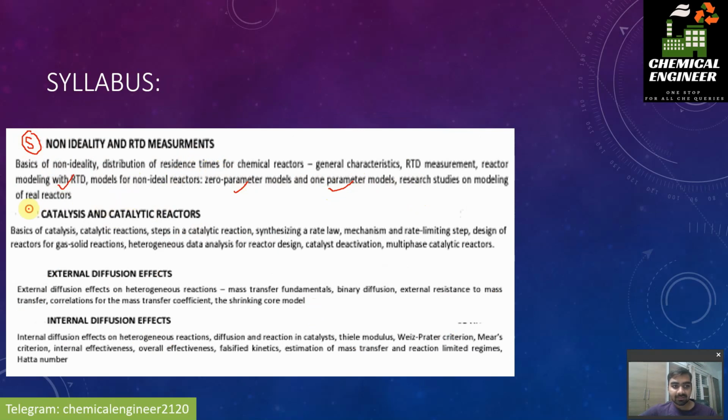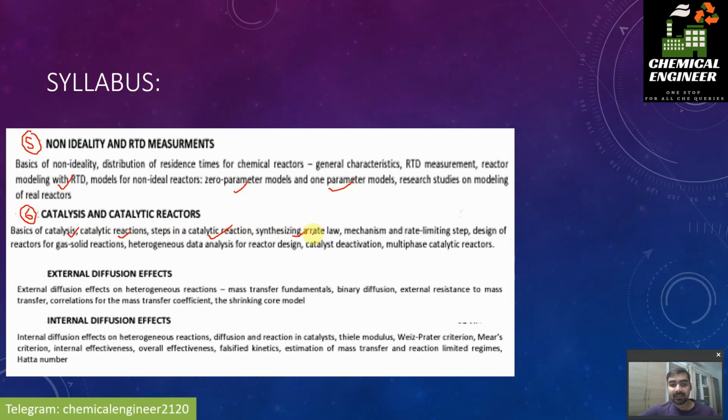Okay. Sixth chapter is catalysis and catalytic reaction reactors. Here we will study about catalysis. So what is a catalyst? What is the role of a catalyst in a reaction? Then steps of a catalytic reaction, like how it goes on.